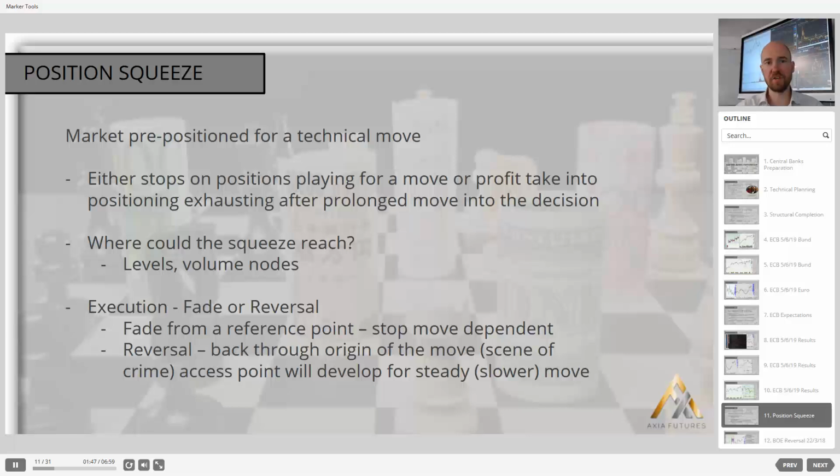What that's showing you is that people are positioned long going into this. What would you do if you were long going into a decision? Well, on that decision, if you get the decision that you're expecting, there's your chance to get out of the trade.